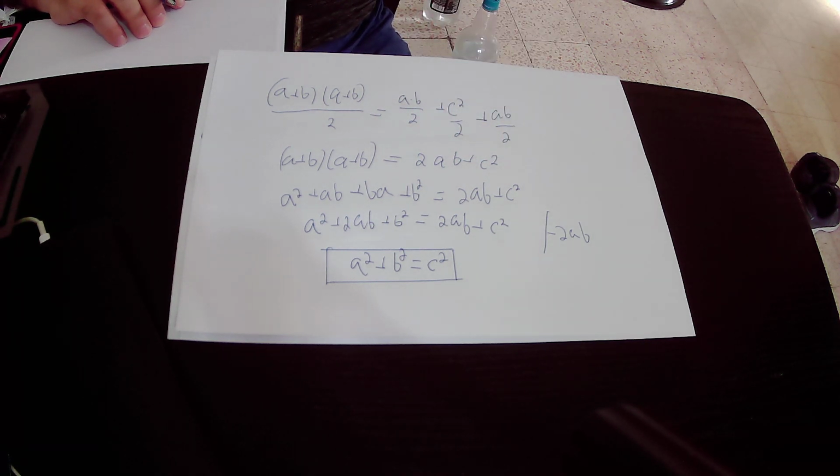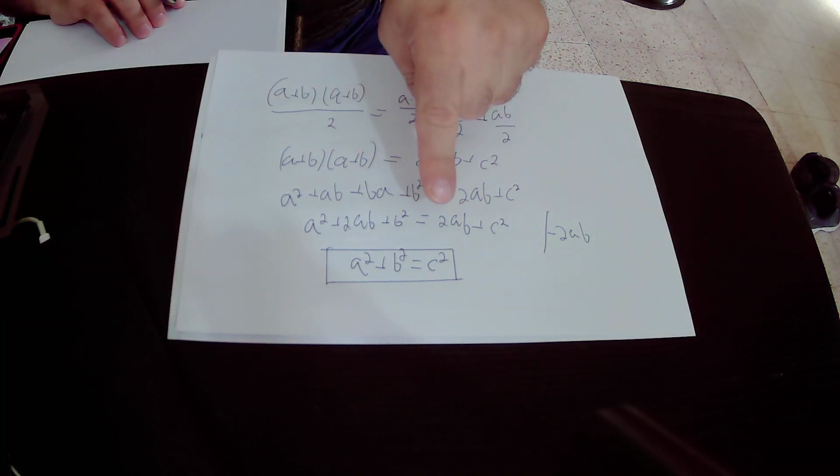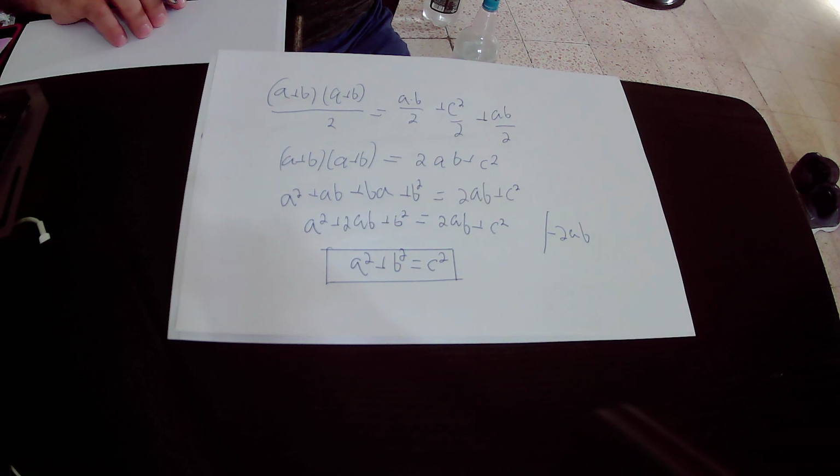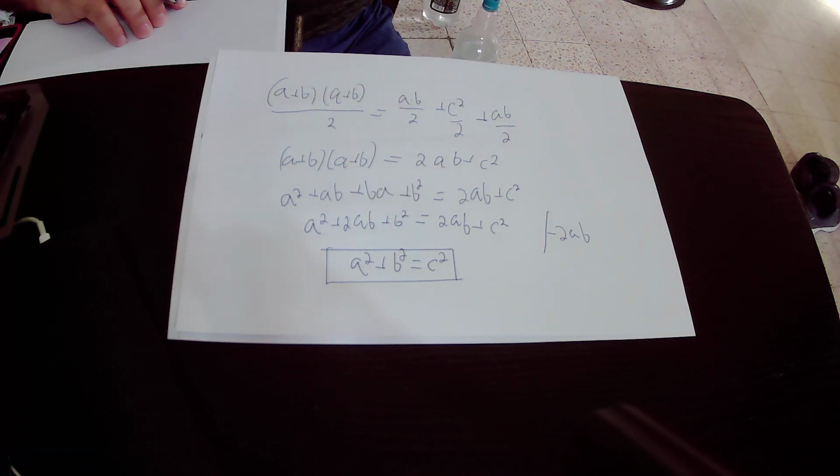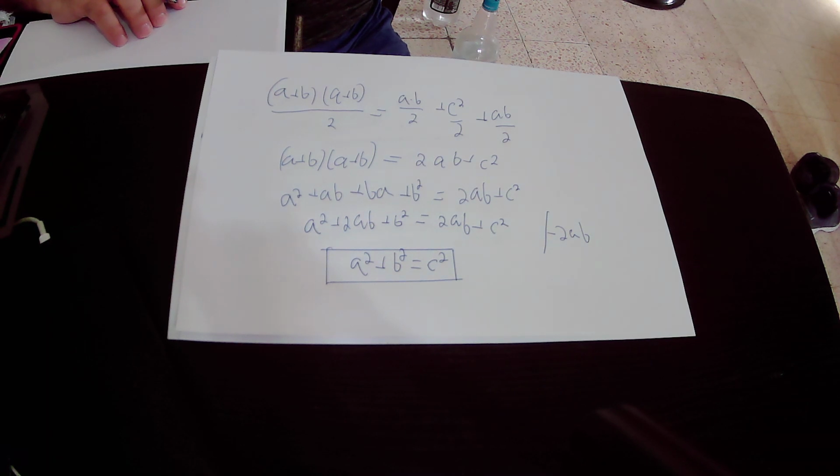And that is exactly the Pythagorean theorem that says that the square of the hypotenuse equals the sum of the squares of the perpendiculars. C squared equals A squared plus B squared. So in this way we proved the Pythagorean theorem.